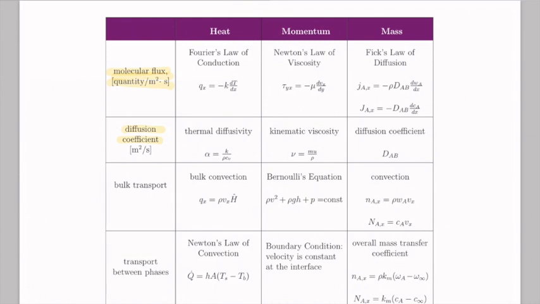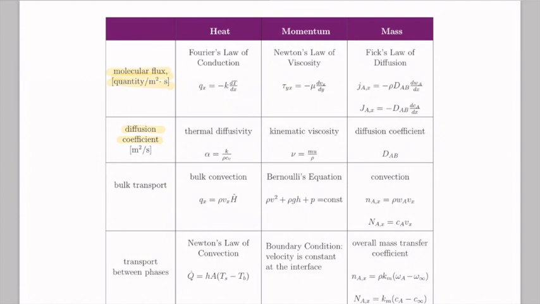They also exhibit bulk transport, and this is kind of intuitive to us. For momentum, this is water flowing. For mass, you don't really see mass convection independent of momentum convection. Actually, you don't see heat convection independent of momentum convection. So the bulk transport properties are all associated with momentum transport.